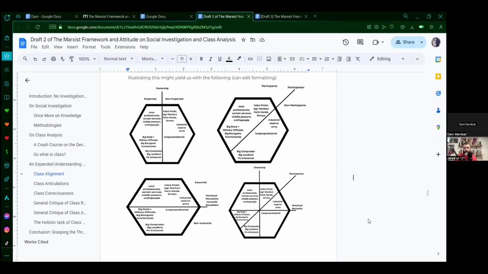The same way as it is on the other side of the equation, where, of course, for the property, you would have most professionals, certain services sector members, middle peasantry, craftspeople, big state officials, and all these functionaries.